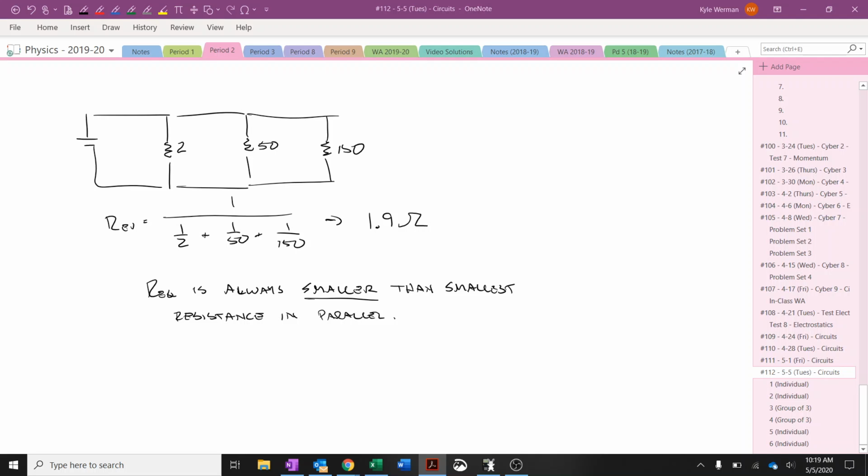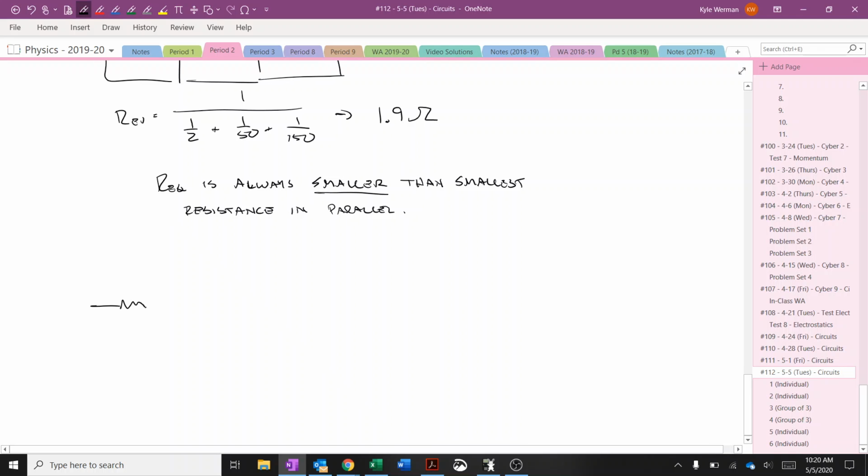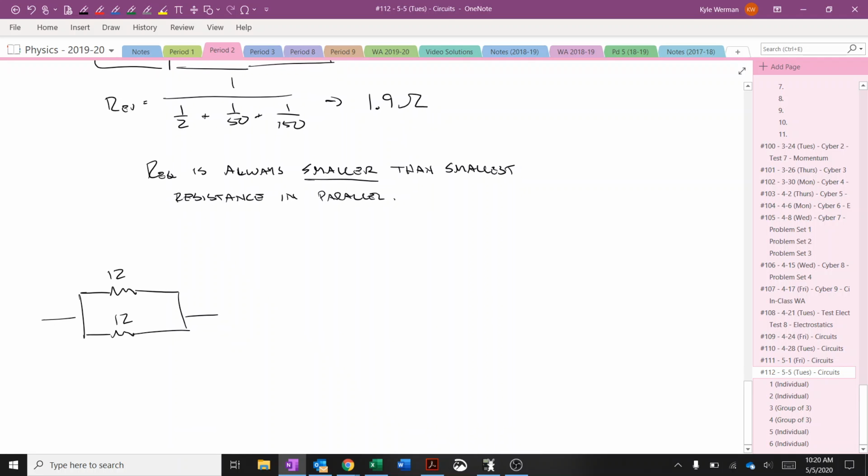The last thing I want to show you is a series of things in parallel with the same type of resistance and see what happens. So let's do one like this. These are all going to be pathways. Here's a 12 and a 12. Let's do another with a 12 and a 36.